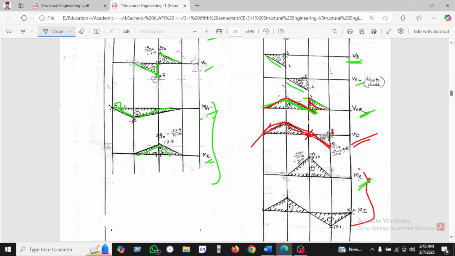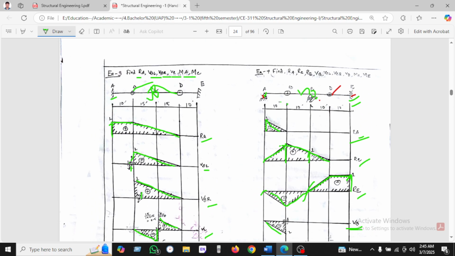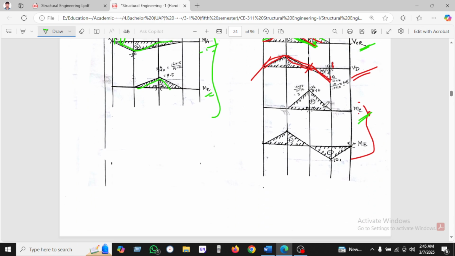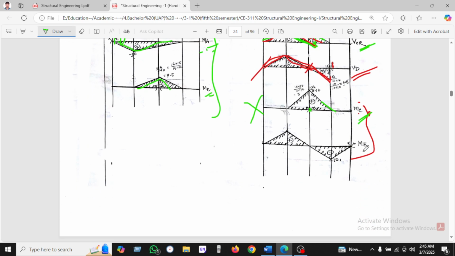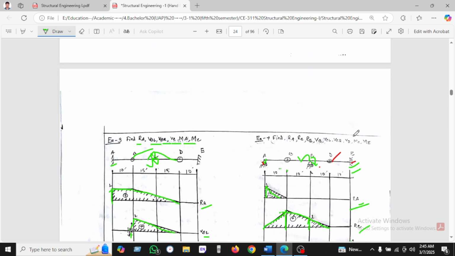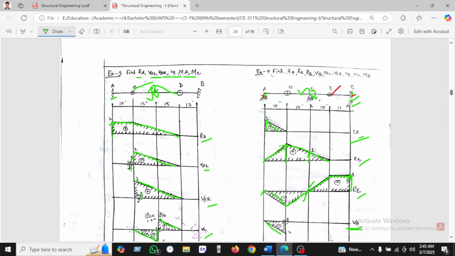Sorry, it will not work. Maybe it is wrong, because at the support there will be no upward movement, so you can see ME. Okay, so ME, you can use ME, the exceptional case.